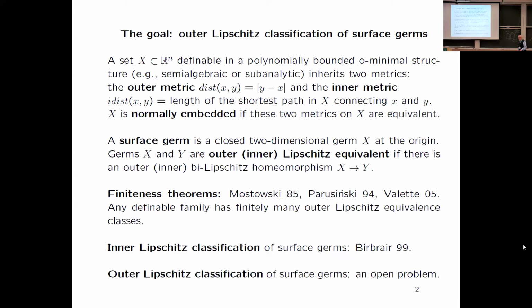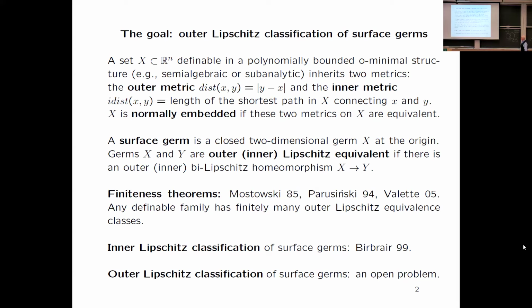You can think of a real semi-algebraic set in Euclidean space, and it inherits two metrics. The outer metric is just the distance in the ambient Euclidean space. The inner metric is the shortest path between two points inside our subset X.